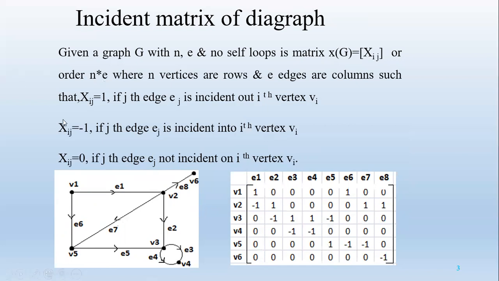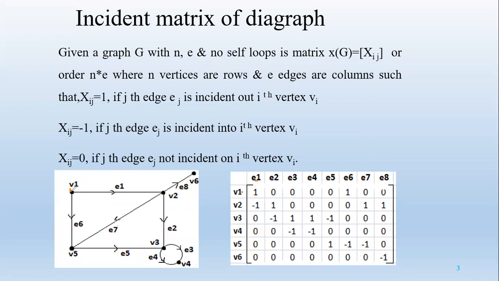We can write 1 when, note here, Xij is equal to 1 if the jth edge Ej is incident out of the ith vertex Vi. See, first example, first you write the vertices and edges. V1 to E1.